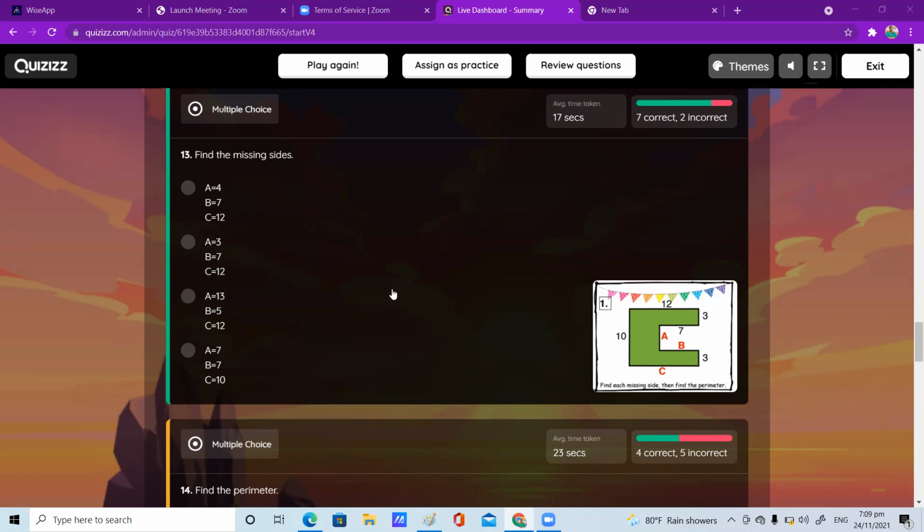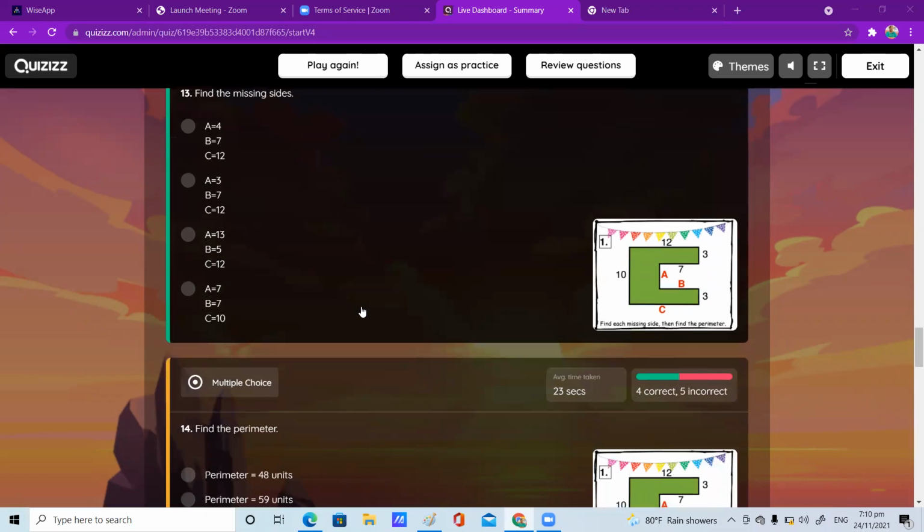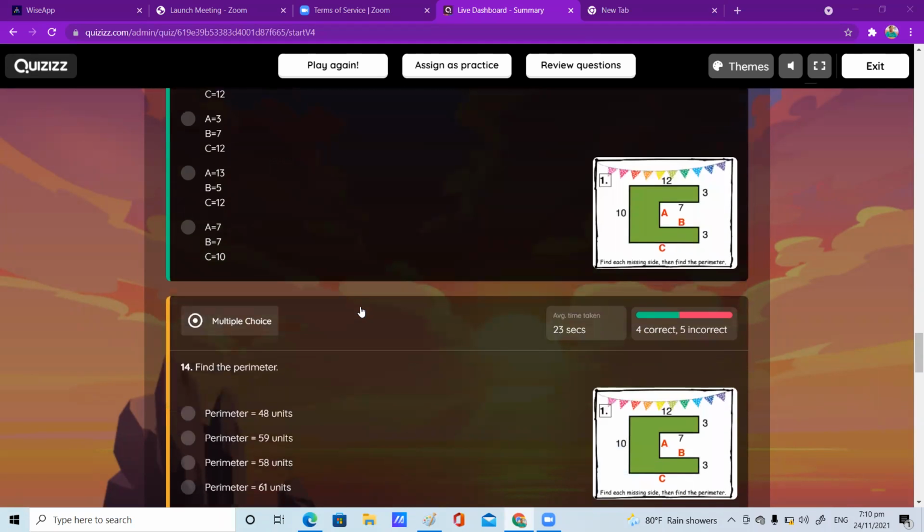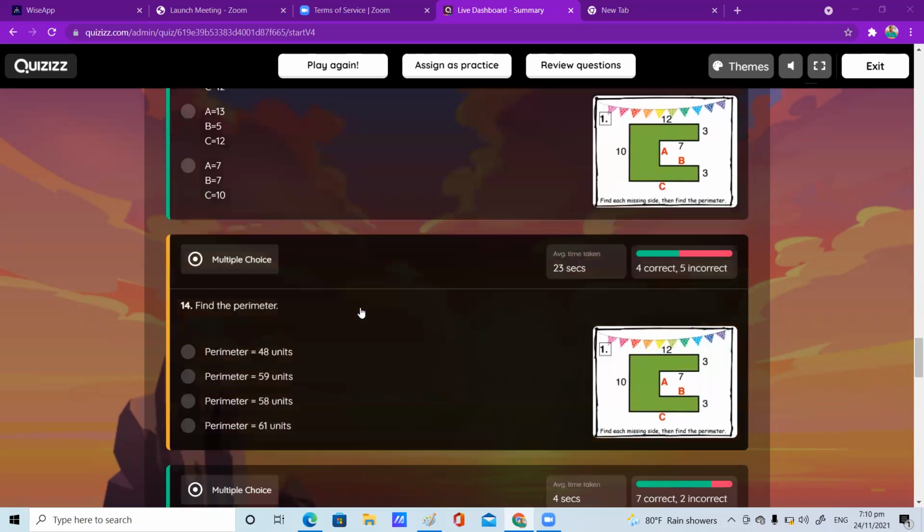So A will be 4, and 7 and B are parallel, so B will be equal to 7. And 12 and C are parallel, so the length of C will be 12.